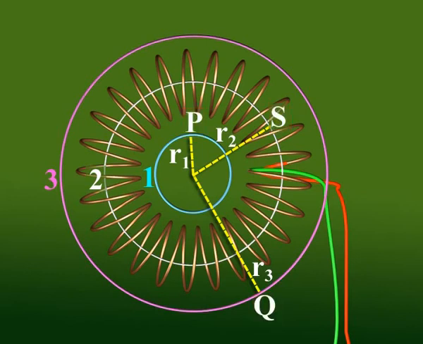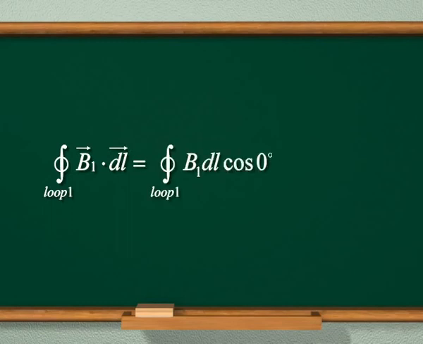However, the circular areas bounded by loops 2 and 3 both cut the toroid. Each turn of current carrying wire is cut once by loop 2 and twice by loop 3. Let B1 be the magnetic field along loop 1. Hence, the line integral of magnetic field B1 along loop 1 is equal to B1 into 2 pi R1.